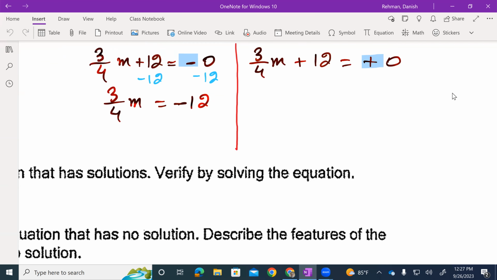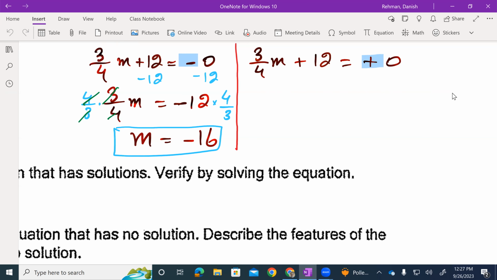I will multiply on both sides by the reverse of that fraction, which will definitely cross these out. 3/3 is a 1, 4/4 is a 1, and you're left with m equals, the solution of the other side, -16. m equals -16 is my result in this case.